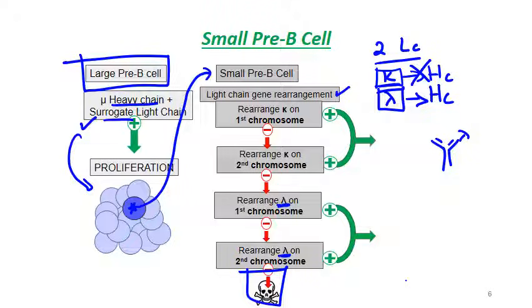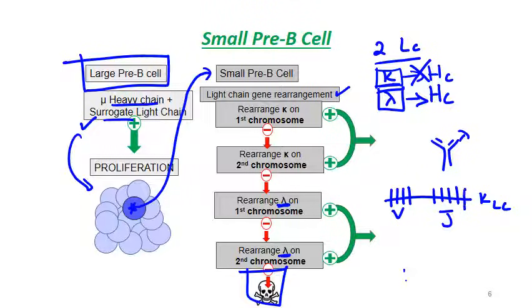Now, this is what gets kind of tricky. If we look at a kappa light chain, okay? A kappa light chain has about 5 J regions, and it has several V regions, okay? I'm just going to draw some in.